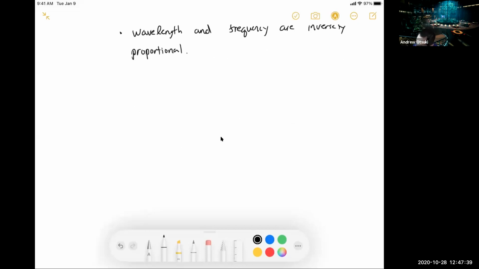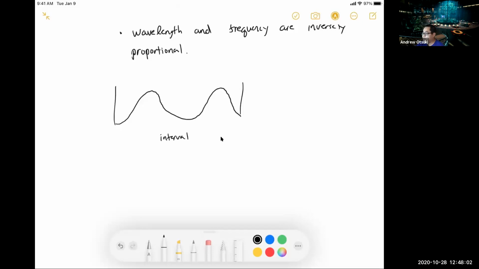For example, if I have a wavelength like this, here's my time interval. Let's say this is my interval.